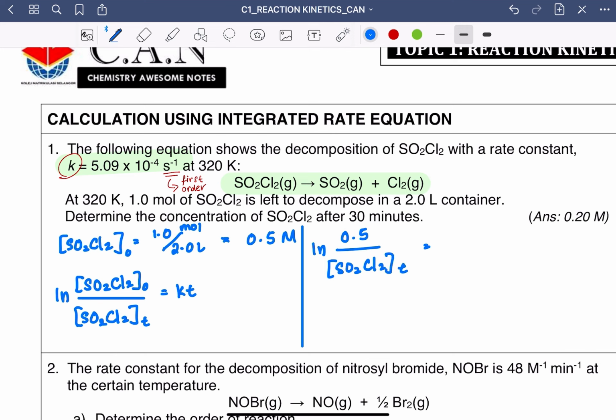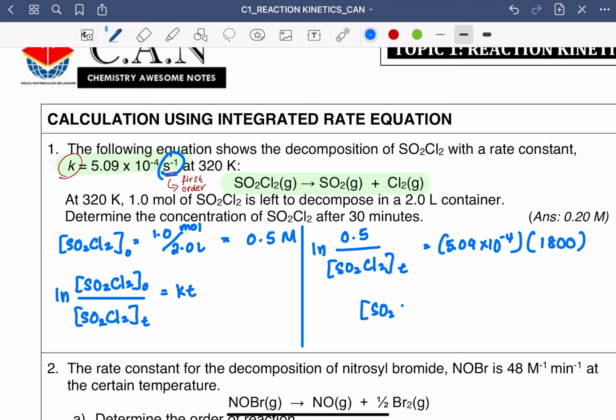Your k is given as 5.09 × 10^-4 per second. Since this is in seconds, you have to convert the 30 minutes to seconds as well, so we have 1800 seconds. So calculate.